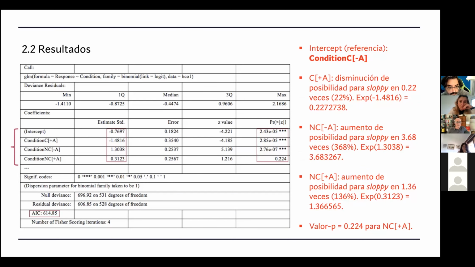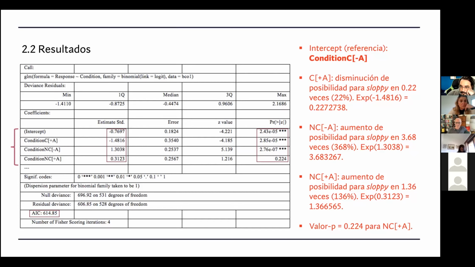En este otro modelo tenemos como referencia la condición clítico con referente menos animado. Entonces, si tenemos como referencia la presencia de clítico y rasgo menos animado, la presencia del clítico con rasgo más animado disminuye la posibilidad de lectura imprecisa en 0,22 veces.